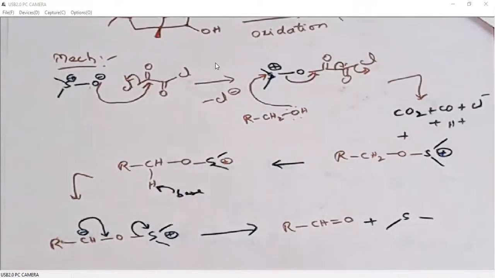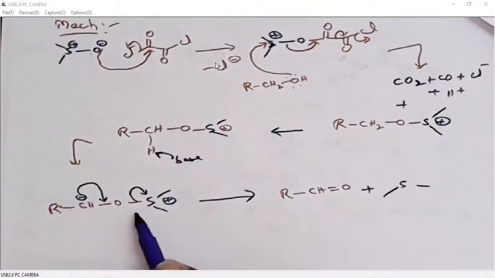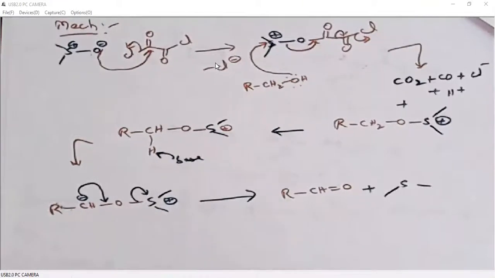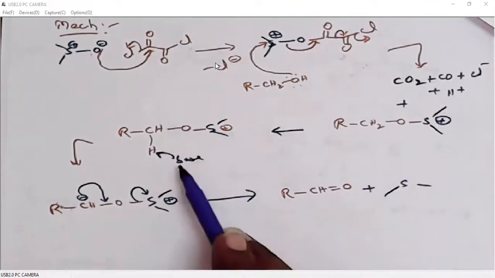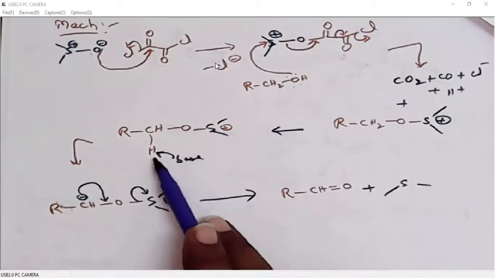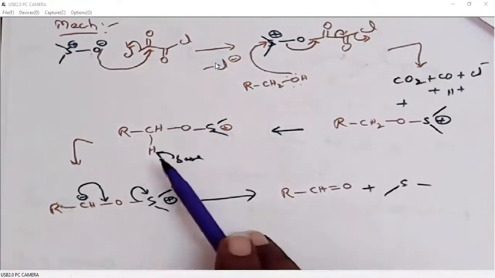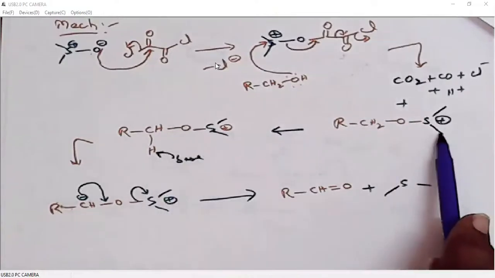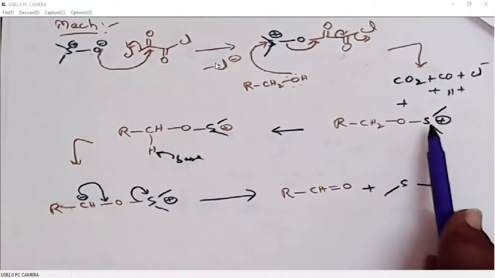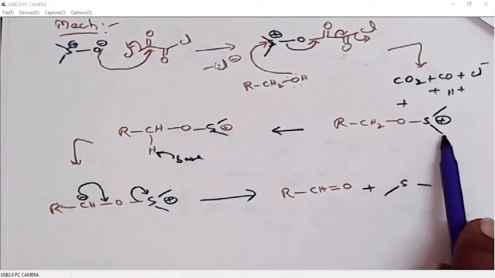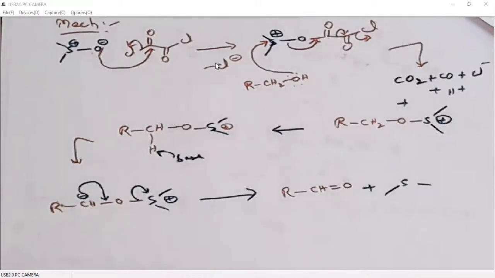We can also show it intramolecular. How do we show this? Previously, we abstracted a proton from the alcoholic carbon. But instead of that, we can pick up a proton from the methyl on sulfur, because sulfur is positively charged, so a negative charge on alpha carbon can be stabilized.